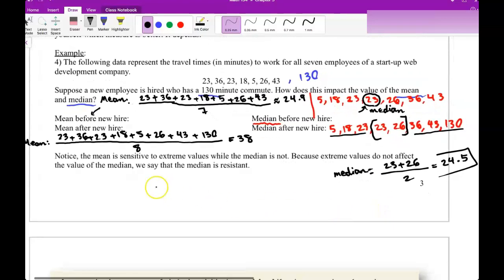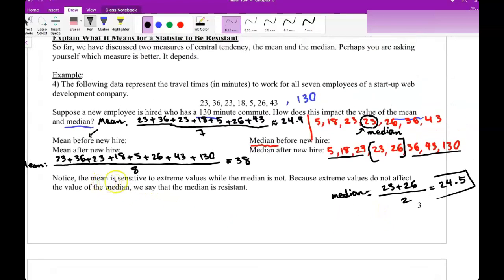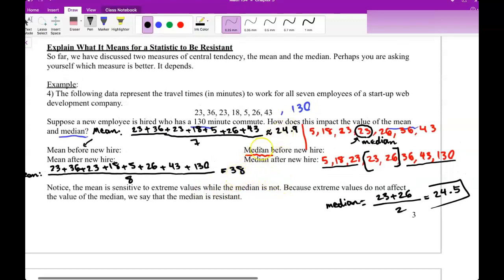The point is, mean is sensitive to extreme values, while the median is not. See what the difference is? This is a huge difference between that number, 24.5, and here we have 38, by only adding one data point. Adding that one is increasing it too much.